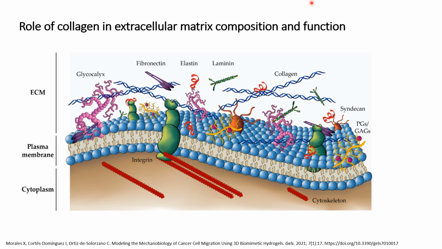Besides, the collagen lattice interacts with non-collagenous glycoproteins like fibronectin, laminin, or elastin, favoring the reinforcement and spatial organization of the extracellular matrix. Fibronectin and laminin fibers play a pivotal role in ECM assembly, acting as adhesive proteins.